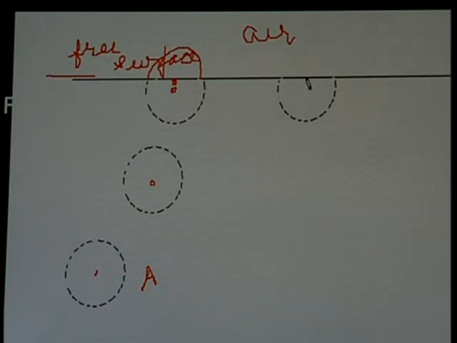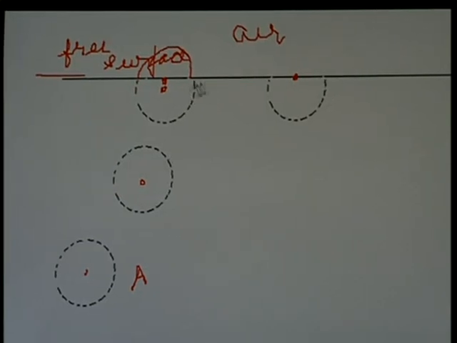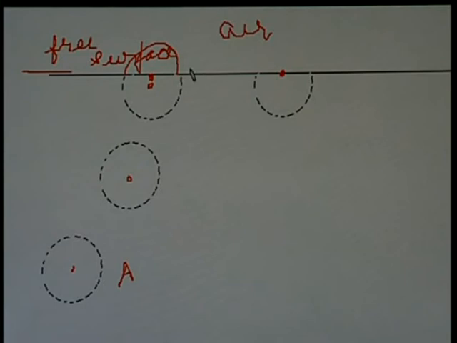Similarly, we can observe that this molecule will also be subjected to some unbalanced force. So it means that as we move towards the top layer, we need to do some work, then only the molecules move.